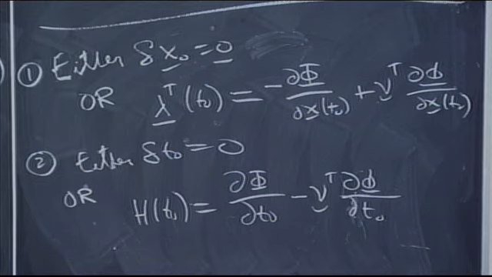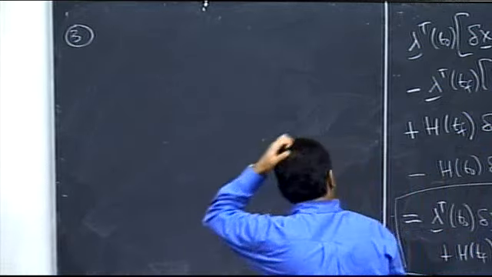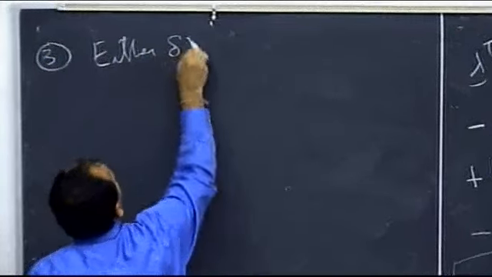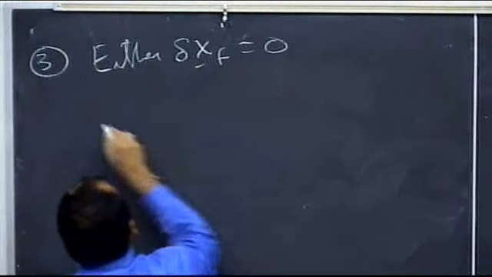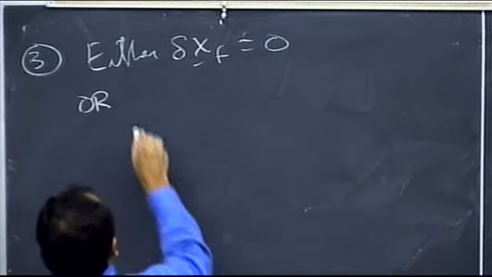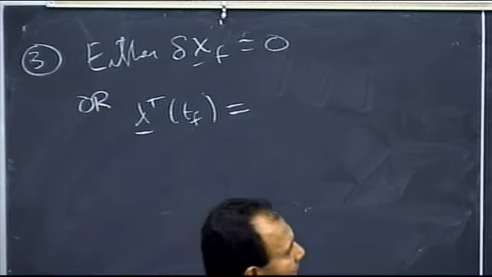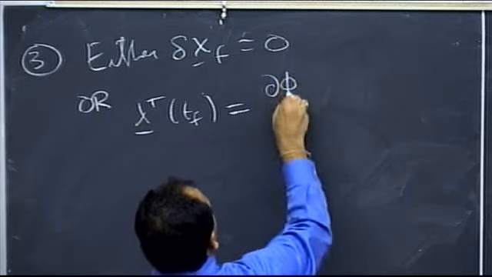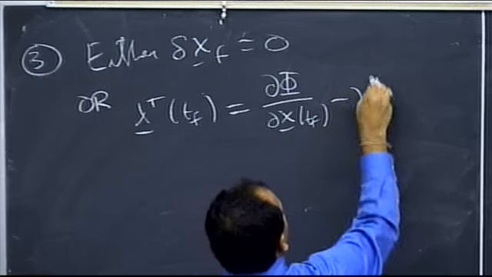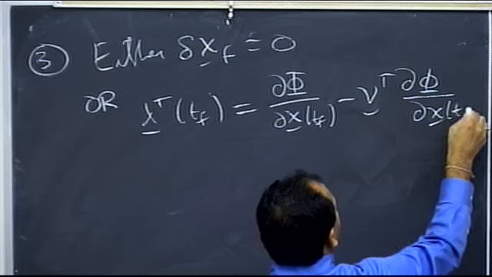3, same thing applies for the variation in x at Tf, which says either variation xf is 0 or the following condition is met, which is if you look at that, you get lambda transpose at Tf is equal to the partial of phi with respect to x at Tf minus nu transpose the partial of little phi with respect to x at Tf.